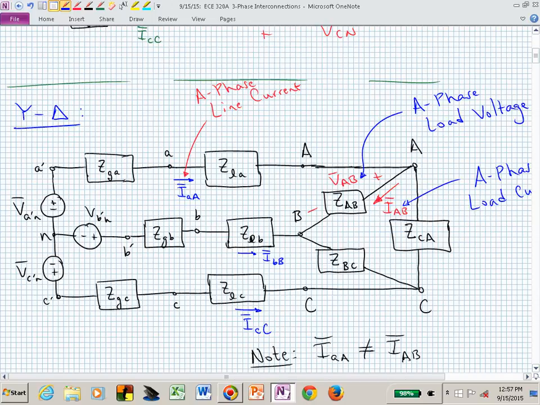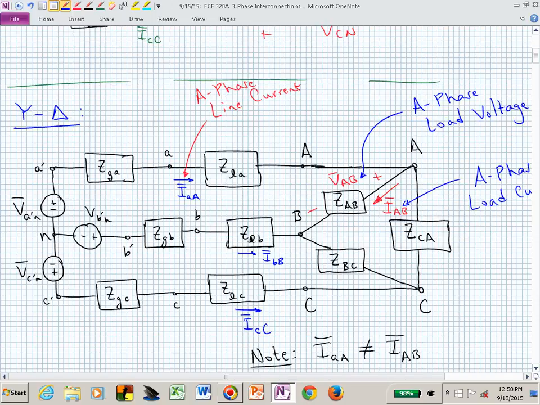But now our load is in a delta configuration. Now if I wanted to know the phase voltage, that's the voltage dropped across the A phase in the load, and what is that? That's between A and B. That's the line-to-line voltage.